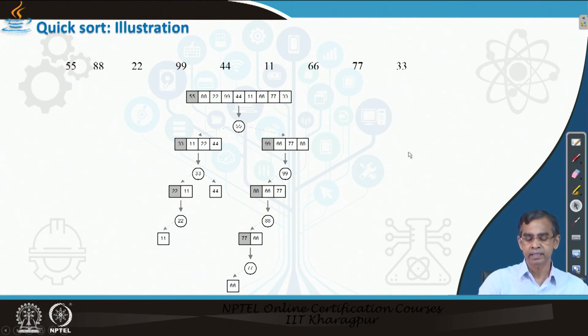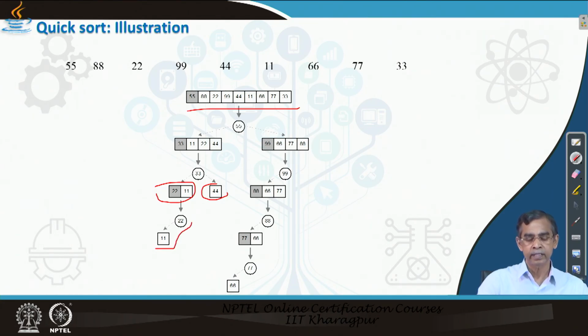So this is the recursive tree, how it goes. 55 partitions the list. This is the input list, 55 is the pivot, it is placed, then again we sort: 33 is the pivot, 33 is placed with left and right. Now 22 is a pivot, this is empty so stop, this is only one so stop. So this is basically already sorted.